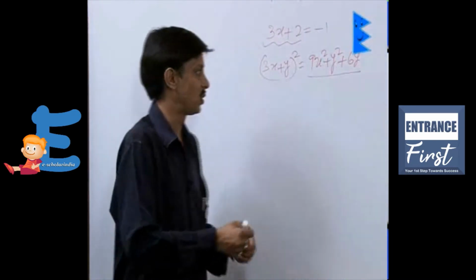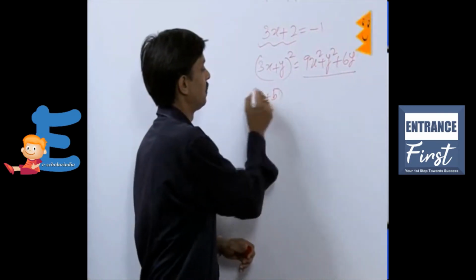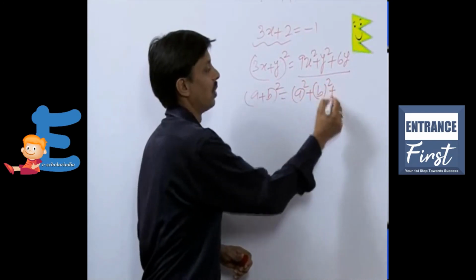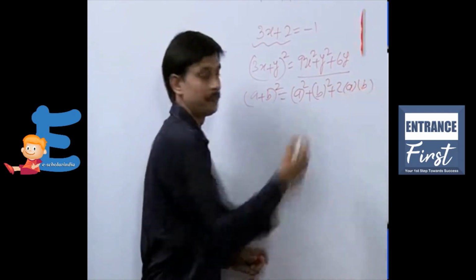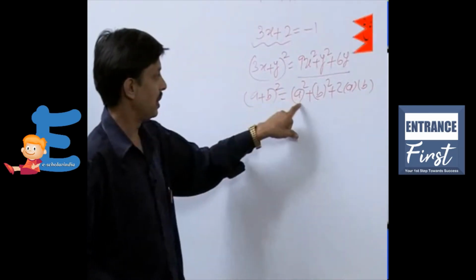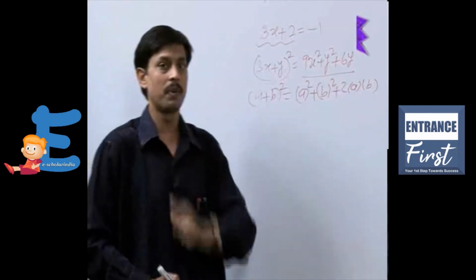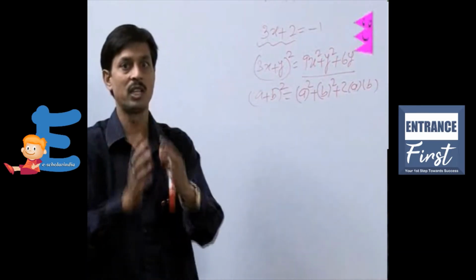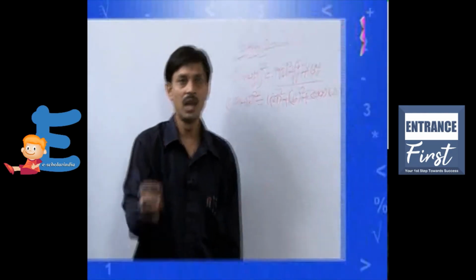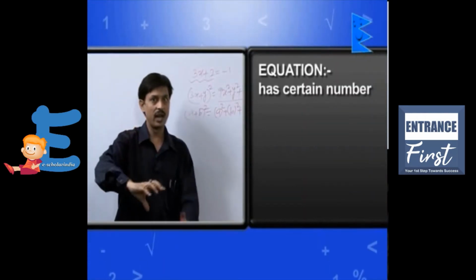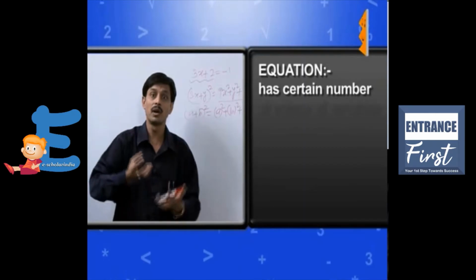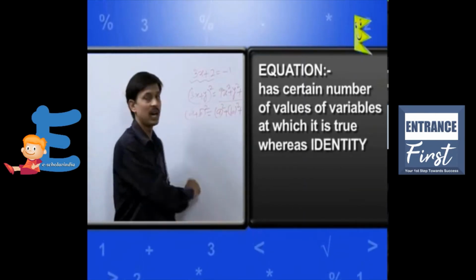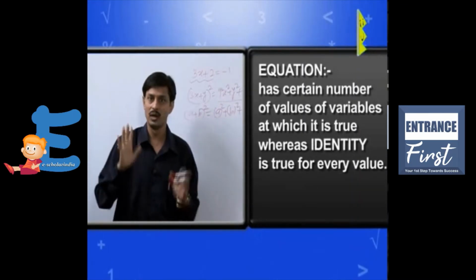Likewise, (a plus b) whole squared equals a squared plus b squared plus 2ab. This is an identity. So what is the basic difference between equation and identity? An equation is true only for a certain number of values of the variable, whereas an identity is true for every value.